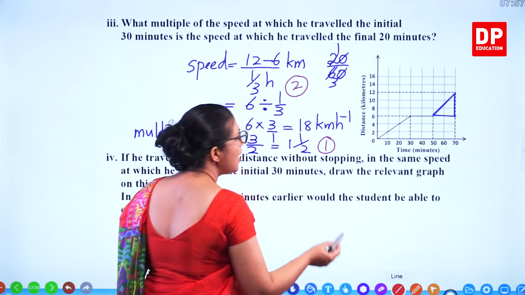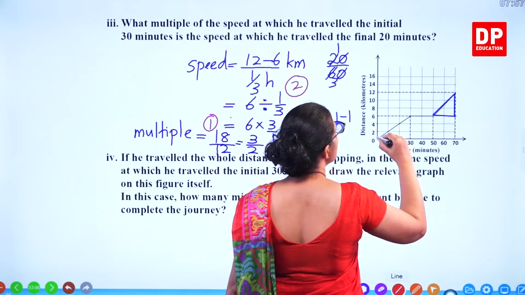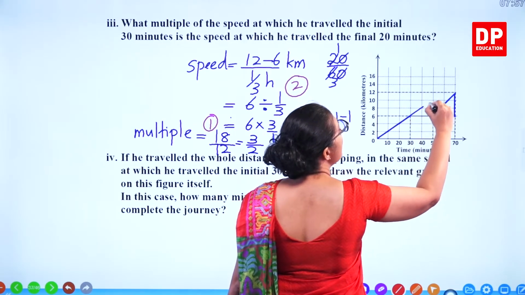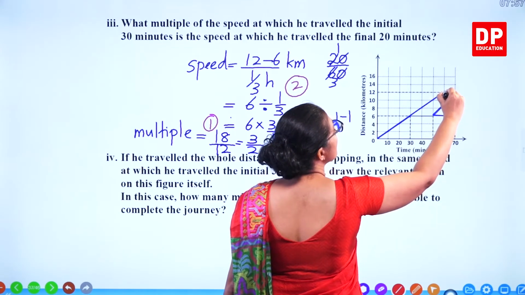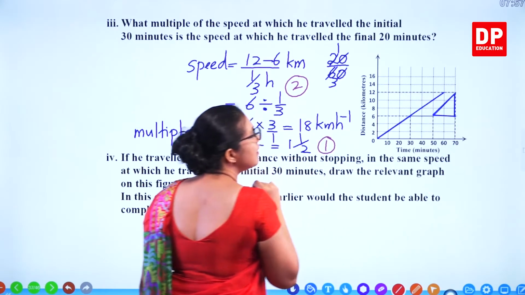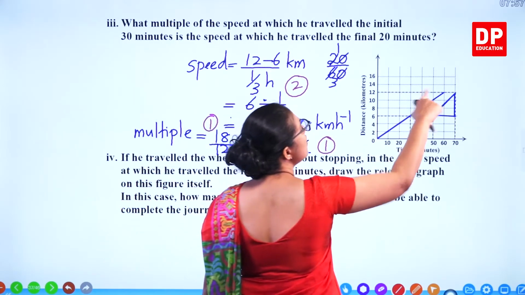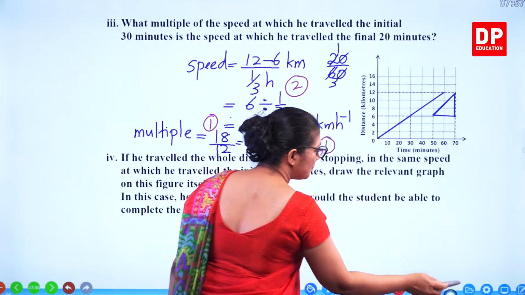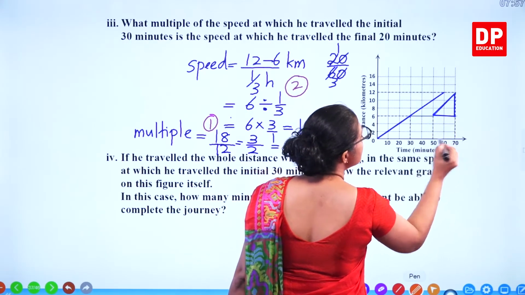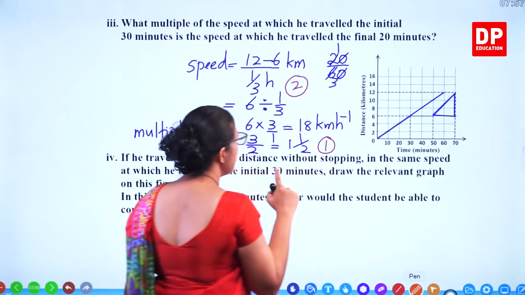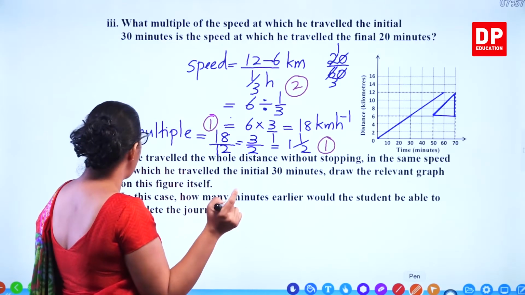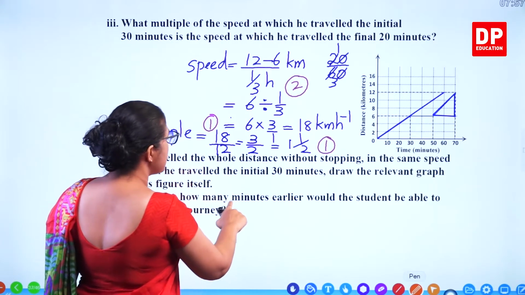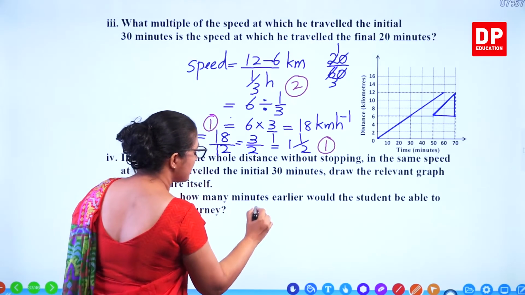So we'll see. If he goes this way, this is the graph here to here. Then what's the time? Then it's 60 and now 70. So they are asking, what's the difference?